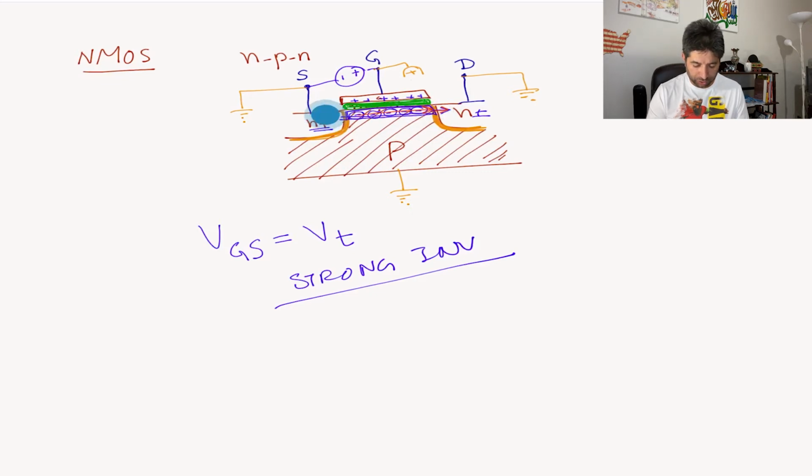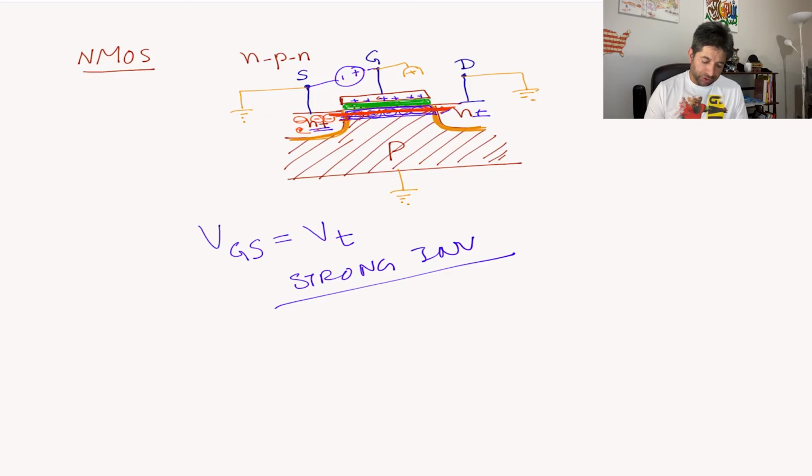This material already has electrons. Because of the strong pull of the drain, they're able to move across. Now the depletion region which we had because of the P, we don't have here, and because of that this forms a channel. This creates a small pipe where the electrons will start moving.